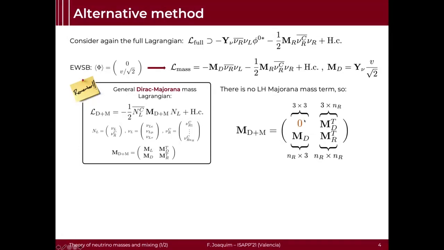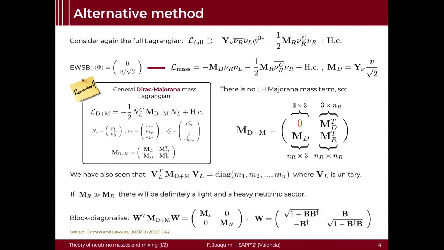We want now to somehow diagonalize this matrix and see how we can obtain the effective neutrino masses. We have seen that this big matrix is diagonalized in this way. This V_L is also a (3 + nR) times (3 + nR) unitary matrix, and these M1, M2, ..., Mn are the neutral fermion masses.